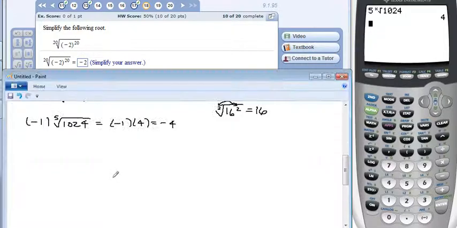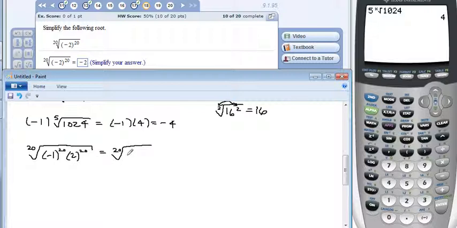But really a negative 2 can be broken apart like this: minus 1 to the 20th power and a 2 to the 20th power. Okay? And that can be broken apart this way. Each one is individual. Each one can get its own radical sign to the 20th.